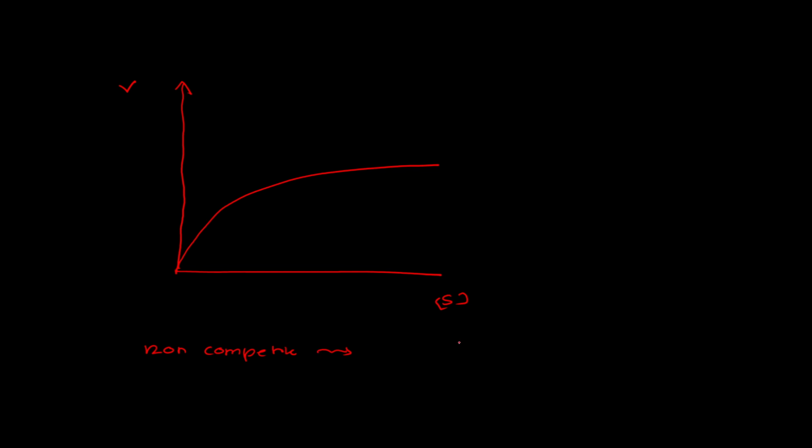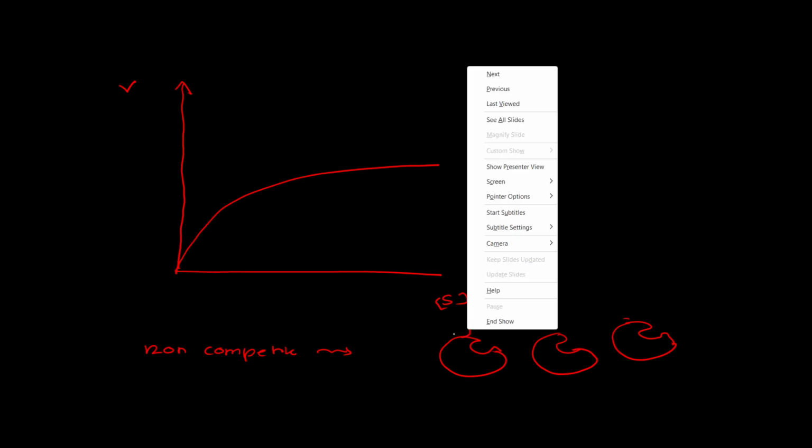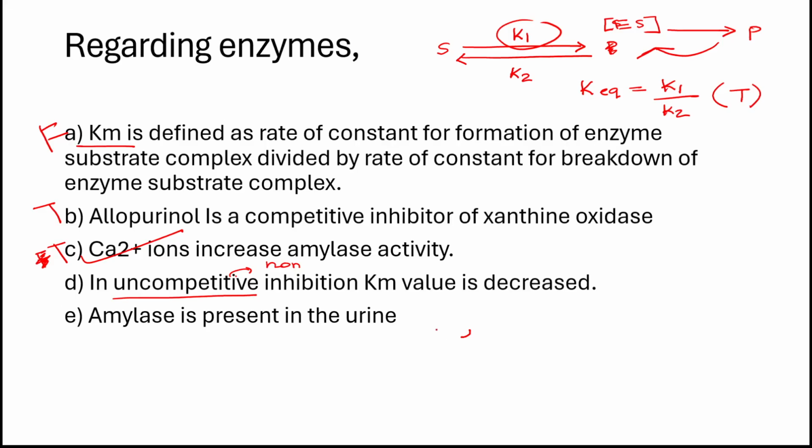For example, let's assume that there are three enzymes. The non-competitive inhibitor, I'm sorry, it will occupy a site which is beyond the active site, and by doing so it will cause a conformational change of the enzyme.